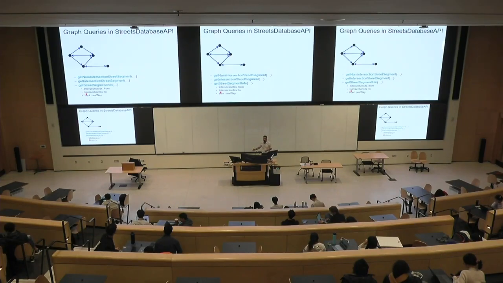If the Boolean is false, you can use the from and to interchangeably. If the Boolean is true, then you can only go from from to to, and you have to be careful about using this. Okay, any questions so far on the Street Database API?